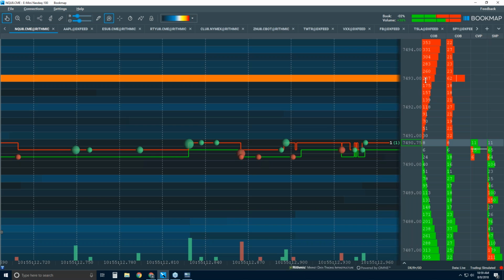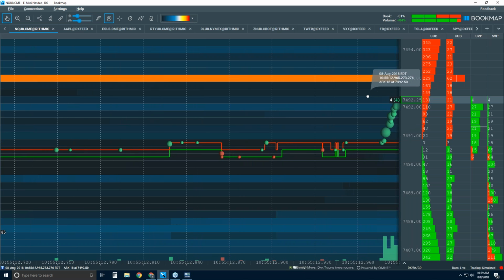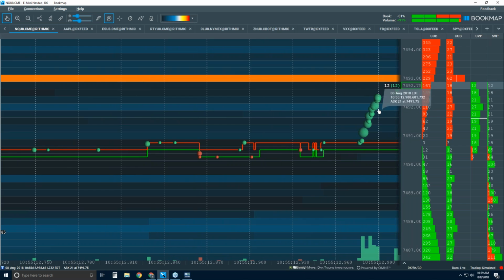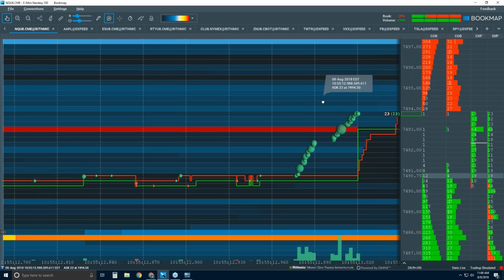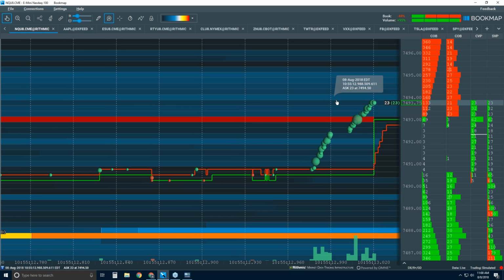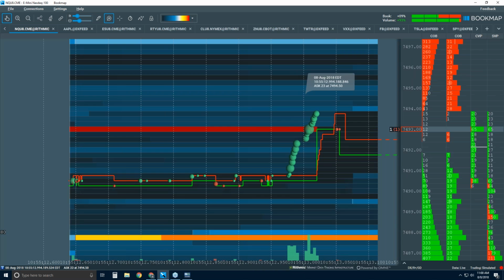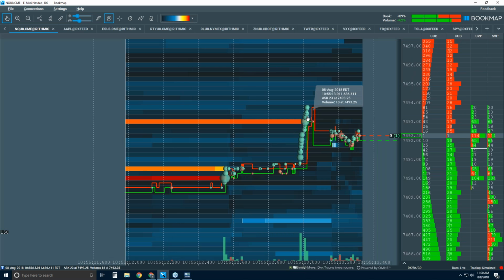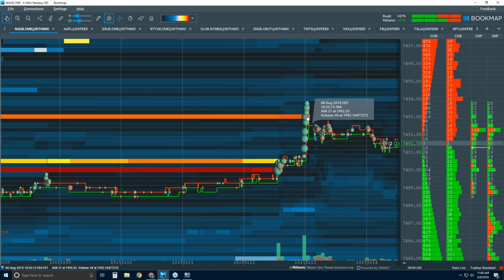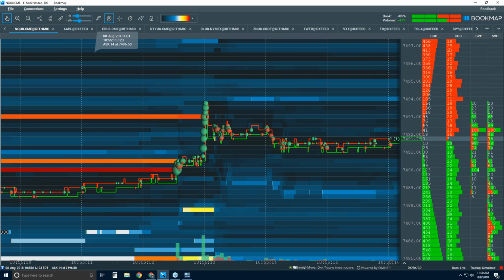Yeah, maybe like a 200 lot. Someone had 200 orders, or it could be a stop run, and they took it. They took all of it and they traded on up through. So anyway, this is called a book sweep, and it just means that they swept the entire offer up to a certain point.